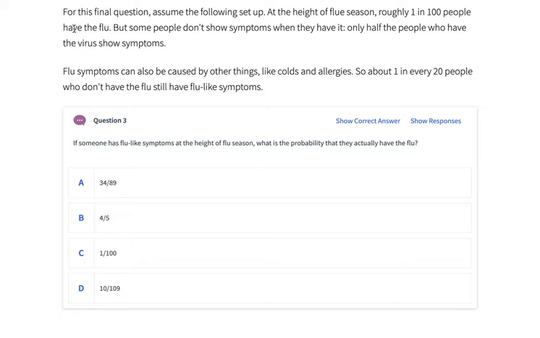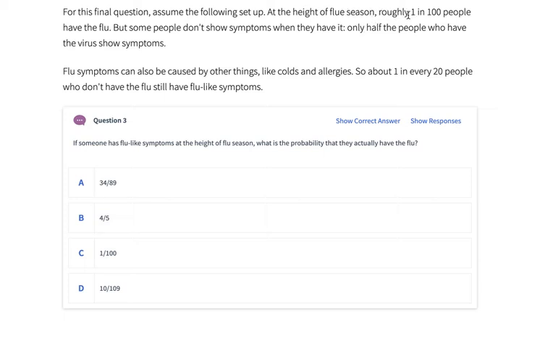So what we can think is that this is saying that the probability of George having the flu is 1 over 100. So we'll use the letter F to stand for George has the flu, or this person has the flu. So the probability of F is 1 over 100, or 1%.